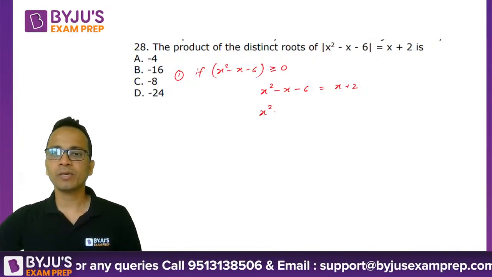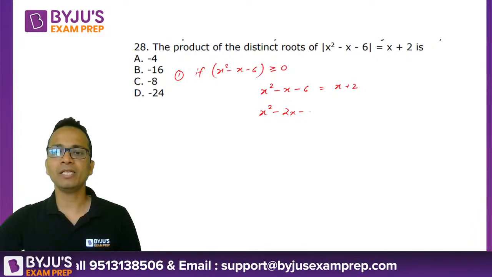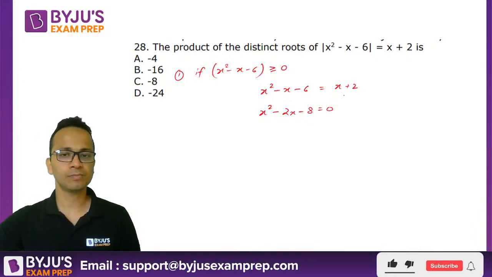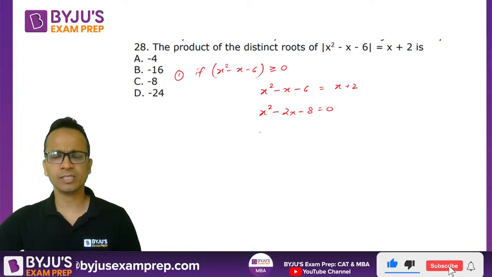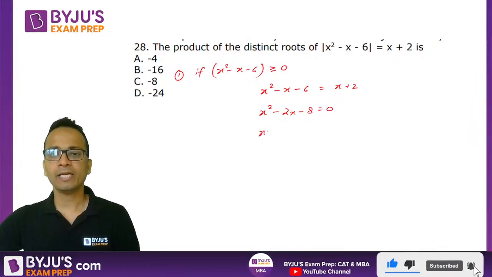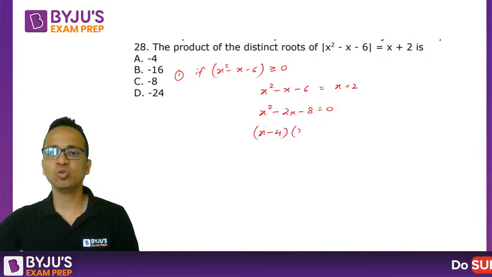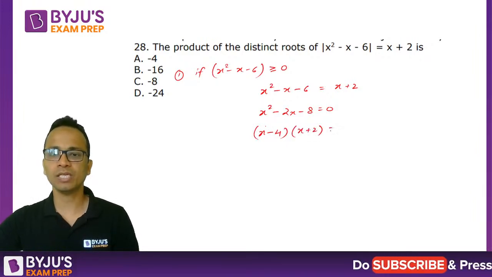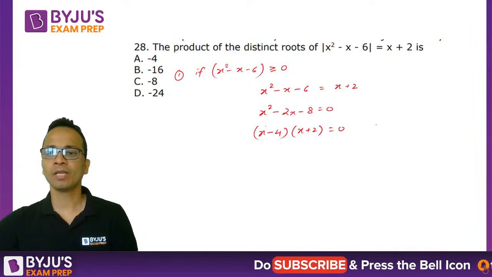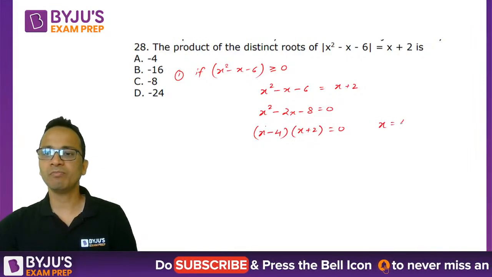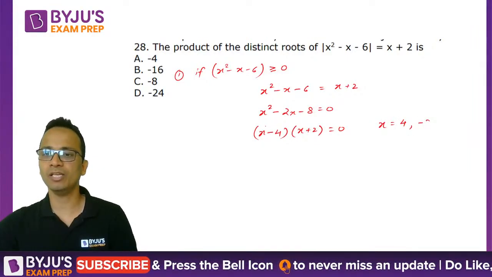Simplification, x square minus 2x minus 8 equal to 0. Okay. Upon factorizing, this will be x minus 4 into x plus 2 equal to 0. Alright. And the values of x will be plus 4 और minus 2.